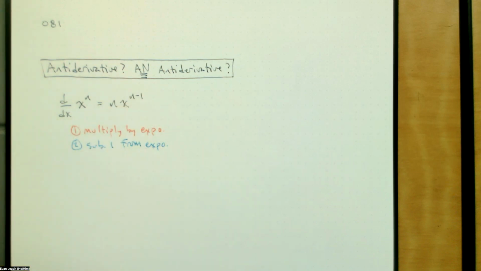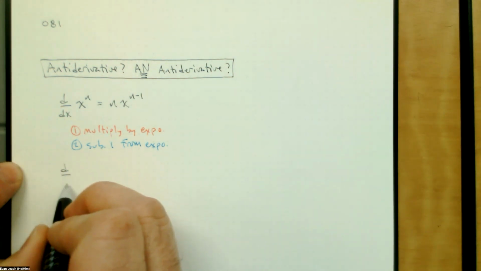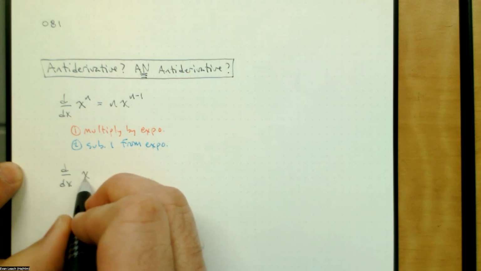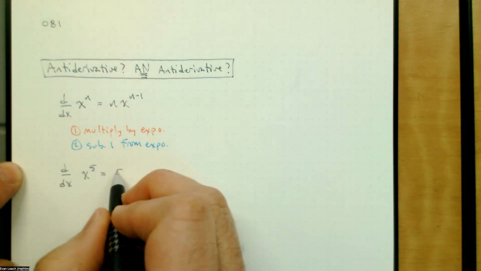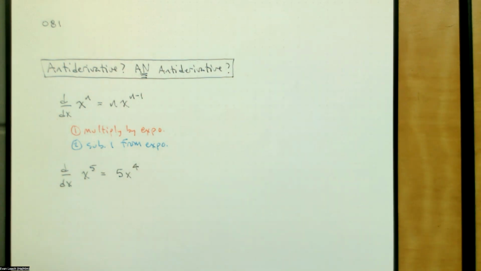Second step, subtract 1 from the exponent. Multiply by the exponent, subtract 1 from the exponent. Antiderivative means do this the other direction. Invert this process going the other way.